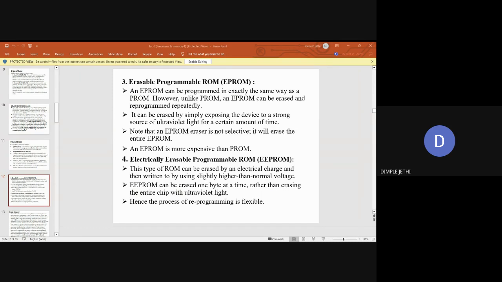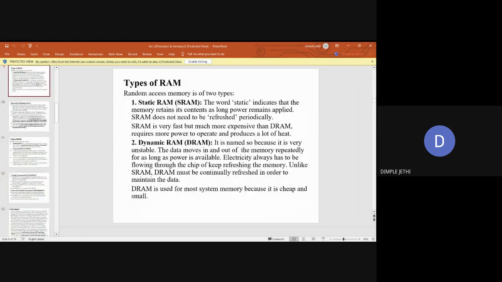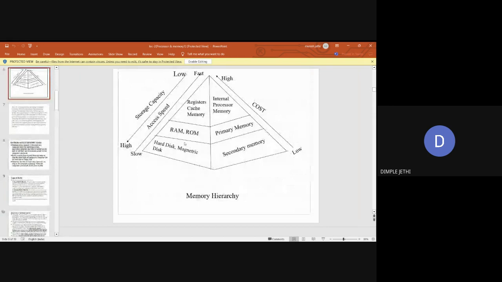So we did the types of RAM and types of ROM. Now, as I said in this diagram, it will take time for the processor to fetch data from RAM.